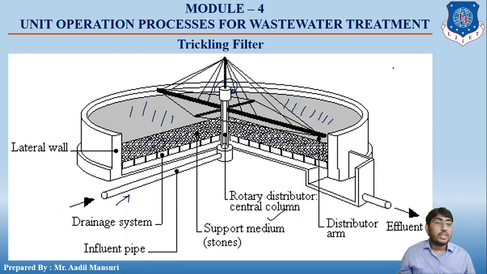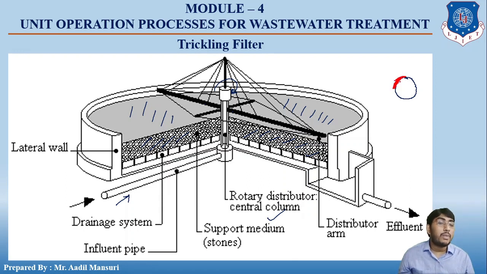So students, you can see over here, there will be stone like this. The wastewater is trickled over these layers of stone, and the microbes will attach to this surface.